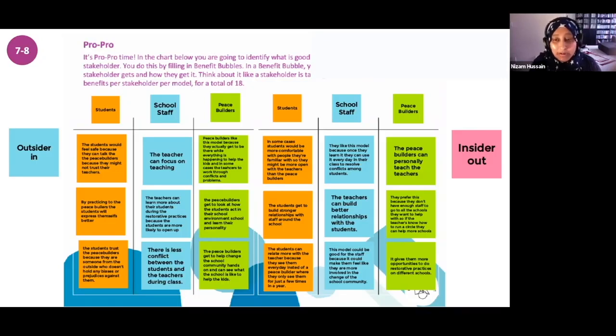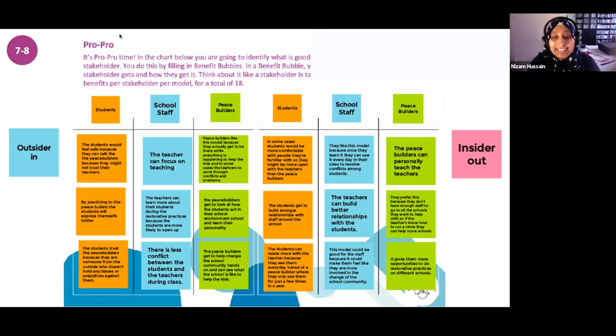For example, the peace builders, who I'm assuming the students would probably have the least familiarity with. They're able to identify that the peace builders would benefit from the insider out model because they can actually teach the teachers.